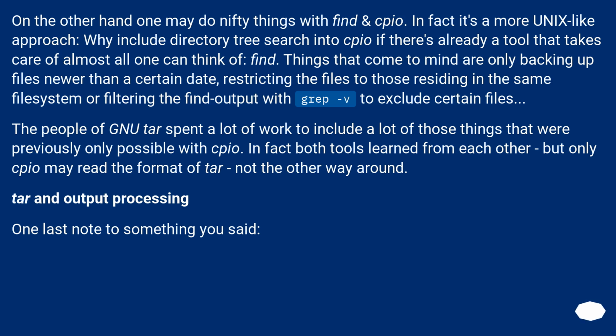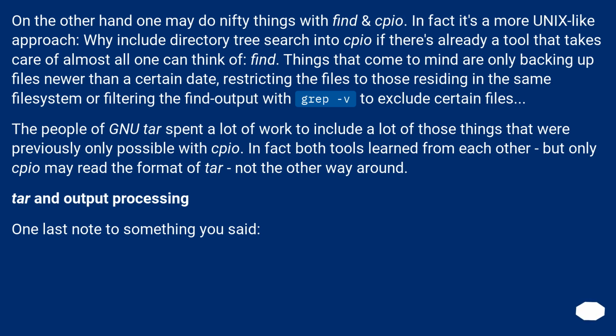On the other hand, one may do nifty things with find and CPIO. In fact, it's a more Unix-like approach. Why include directory tree search into CPIO if there's already a tool that takes care of almost all one can think of? Find. Things that come to mind are only backing up files newer than a certain date, restricting the files to those residing in the same file system, or filtering the find output with grep -v to exclude certain files.